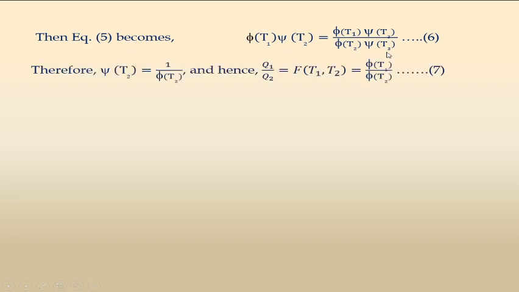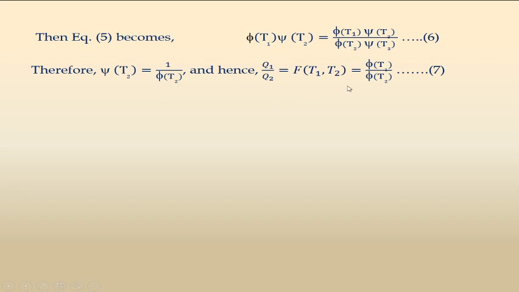So now if you cancel out psi of T3, psi of T3, and compare these equations, we can see that psi of T2 is actually equal to the reciprocal of phi of T2. So they are reciprocally related to each other.